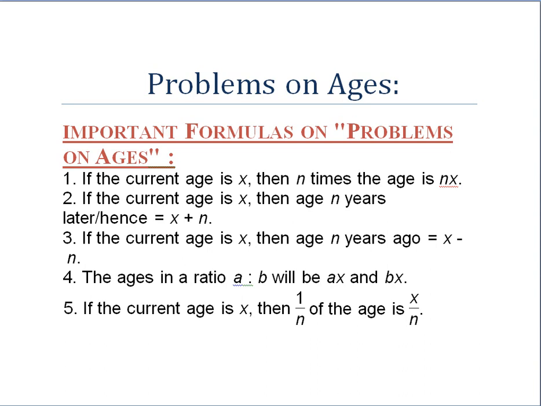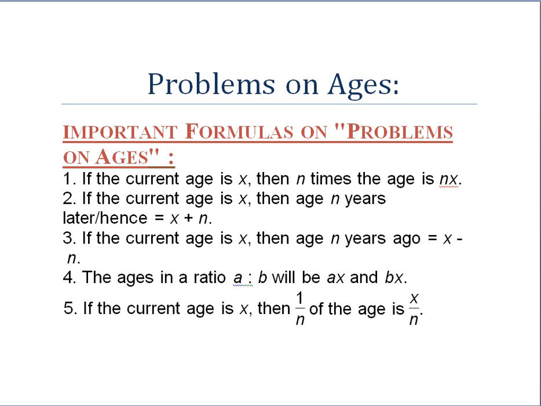So now let's start with the problems on ages. Before moving on to the questions, we need to understand the concept for solving questions on problems on ages. Sometimes questions are asked like, if your age is this, then what will be his age? Or if his age is this, then what will be your age?